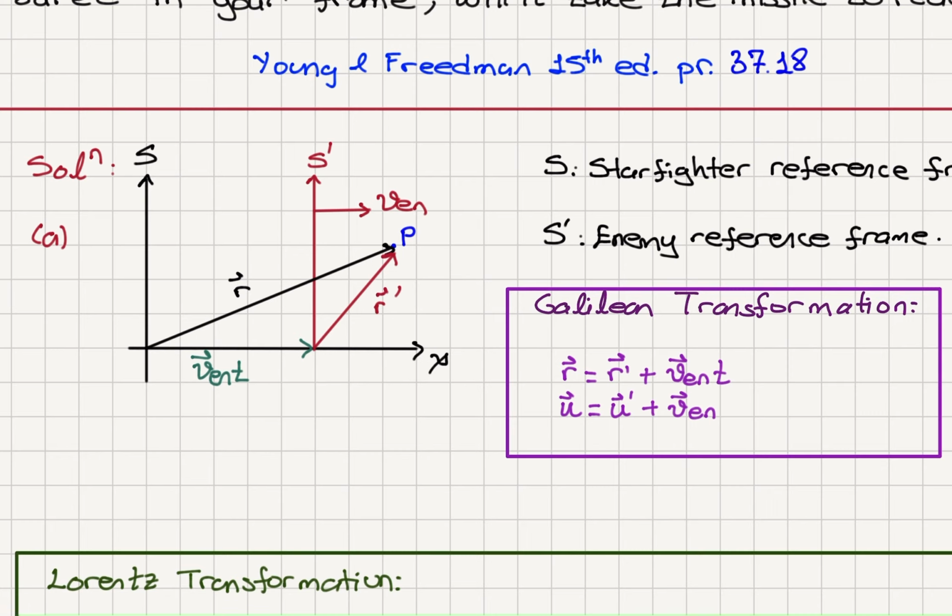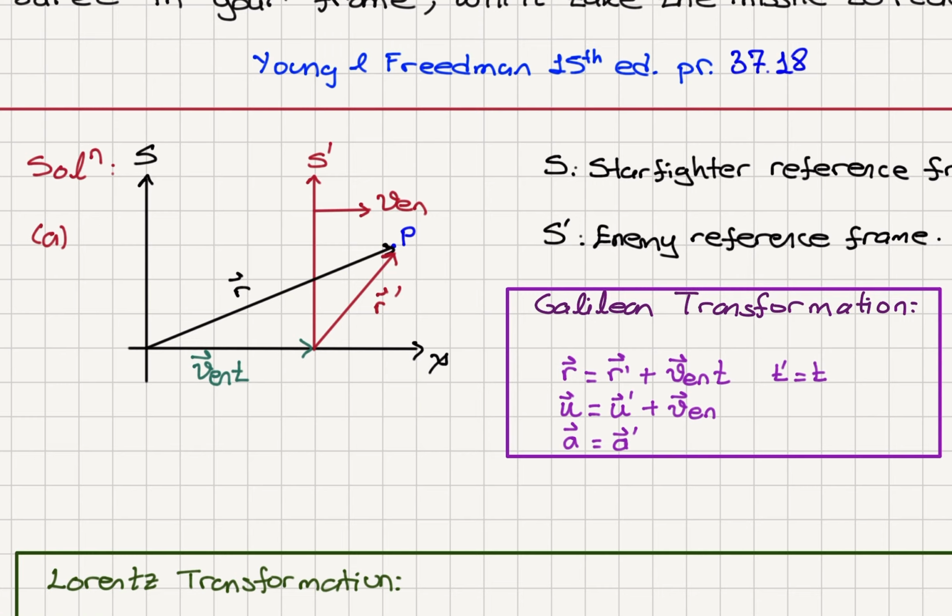And if it accelerates, I take another time derivative, the acceleration reported by the two reference frames would be equal. And this is all because the time measured in the two reference frames, t prime and t, are the same.